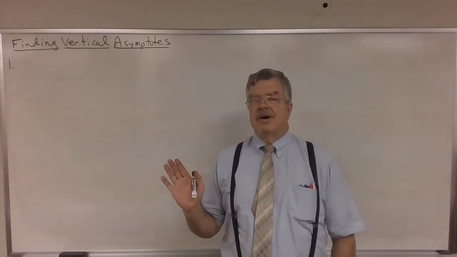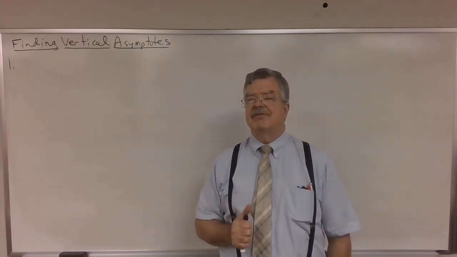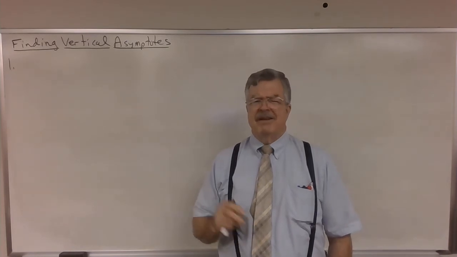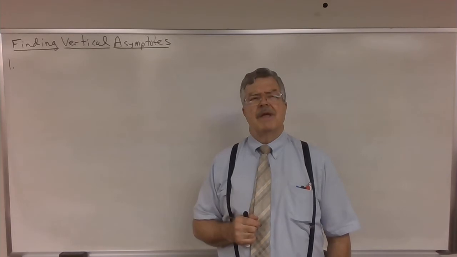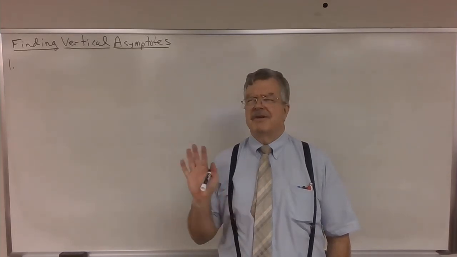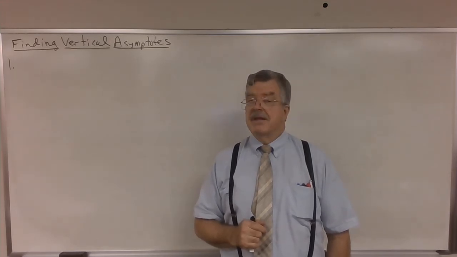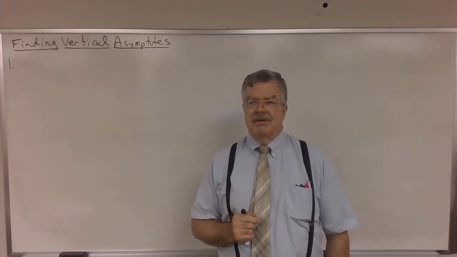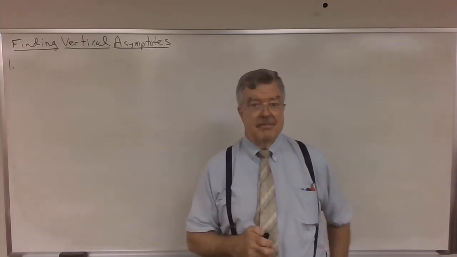And in Cal 1, our vertical asymptotes are all going to appear at x values that cause division by 0. As a matter of fact, I can think of only one function, period, where we have a vertical asymptote and there is no division by 0 there. So even outside of Cal 1, we're going to look for vertical asymptotes at those values of x that cause division by 0.